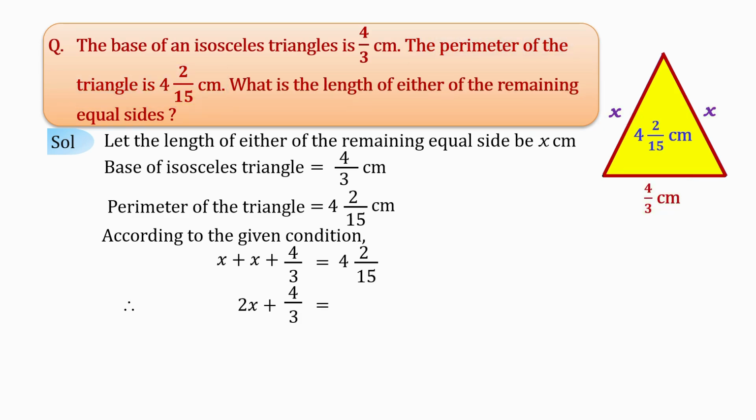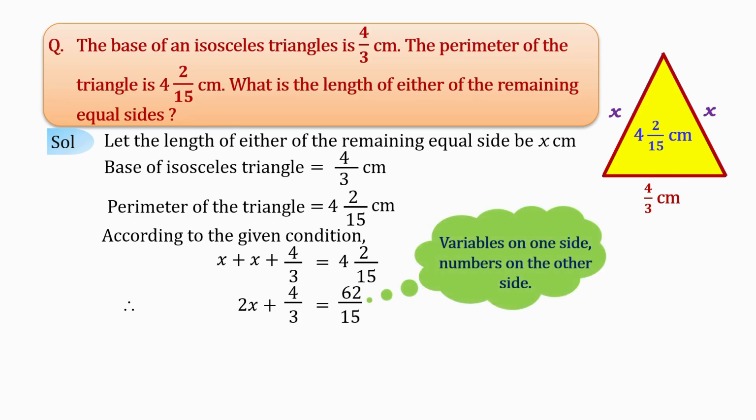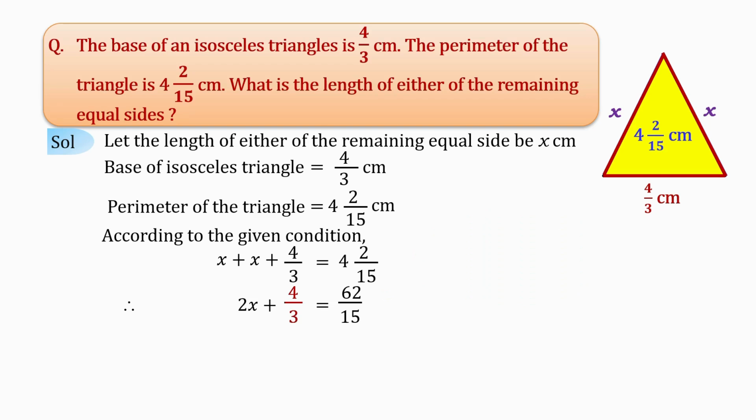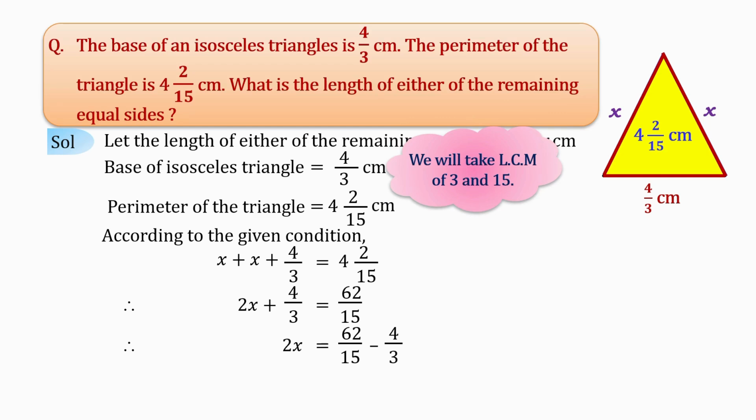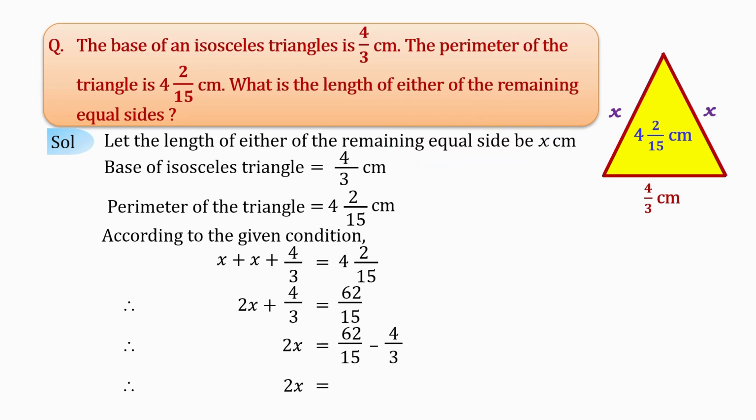Now we will solve this equation. We will take the 4 by 3 to the other side. Now do the LCM. I hope this is self-explanatory. You can easily understand that.